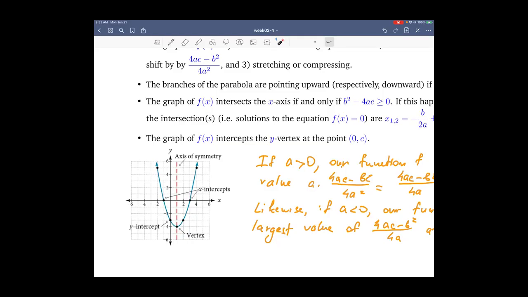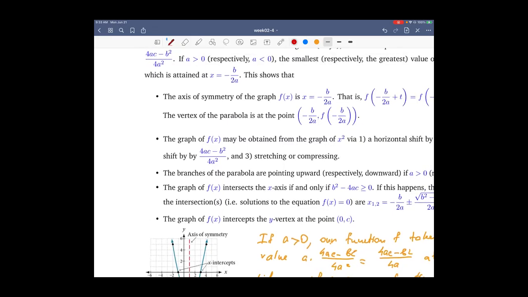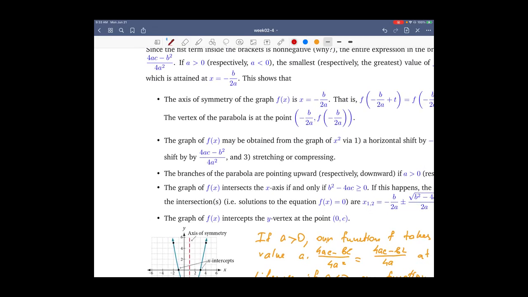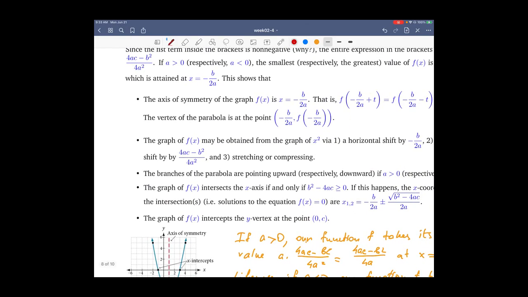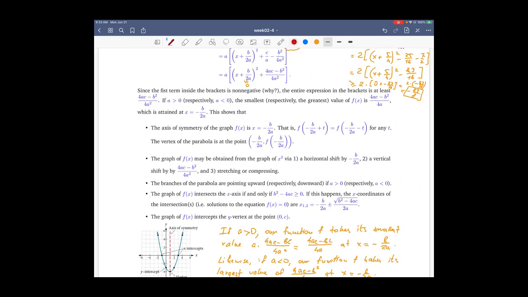Negative b over 2a is the equation of this vertical line, x equals negative b over 2a. And this point is also special in a different way.